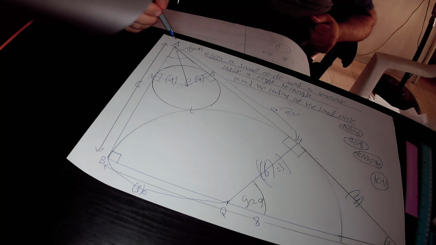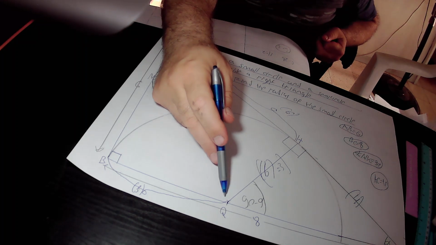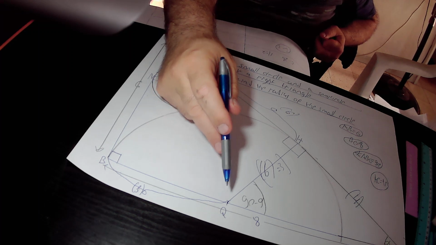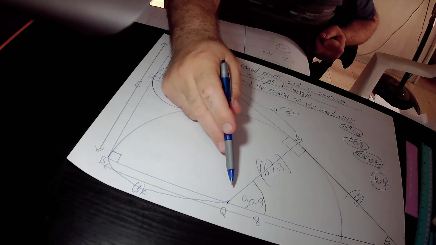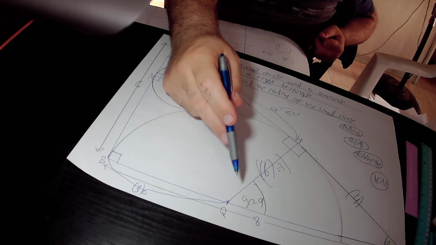According to rule 15, the angle bisector of this angle A must pass through point Q, that is the center of this big semicircle. Again, the angle bisector of this angle A must pass through point Q, the center of the big semicircle.